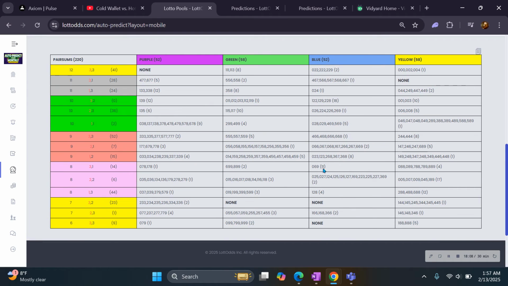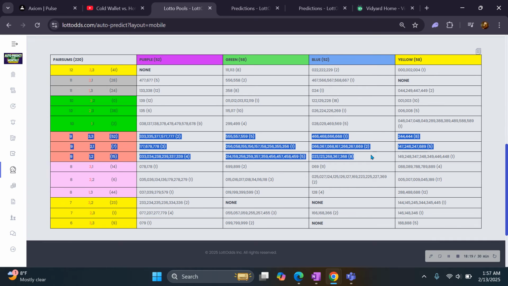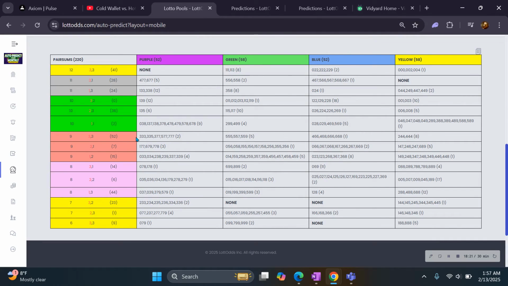Where's your purple and blue right there? Yeah, pretty cool. And then pair sum 9 is what hits, or was due, I should say. Maybe, right? Any of these numbers right here, the ones I had for tomorrow? I don't think so. About these? I don't think any of those match up. That kind of sucks.